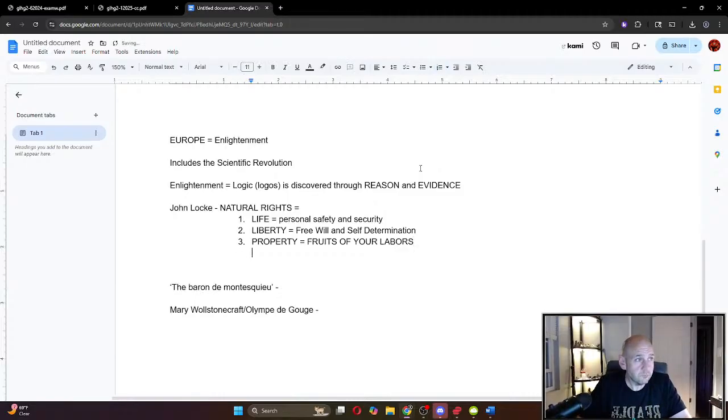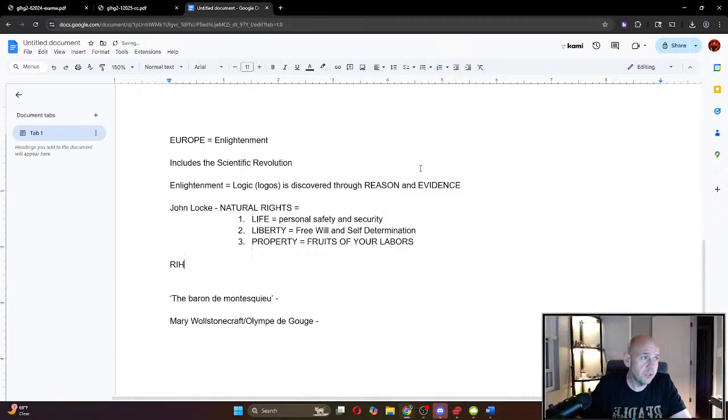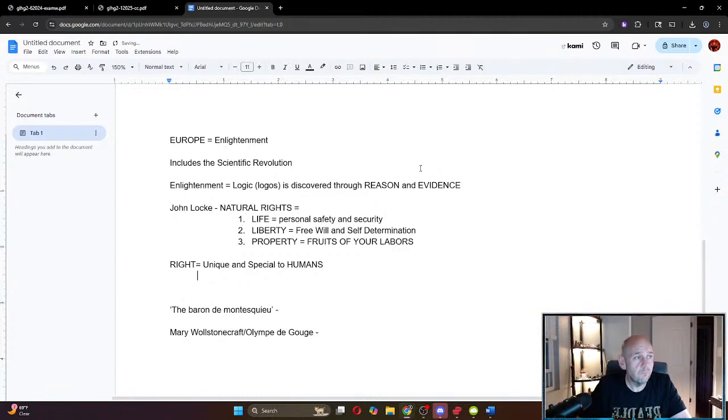Now, what is a right? According to John Locke, the idea of a right was unique and special to humans. Why humans? You could take two ways on this: either by will of God, if you're religious, great.